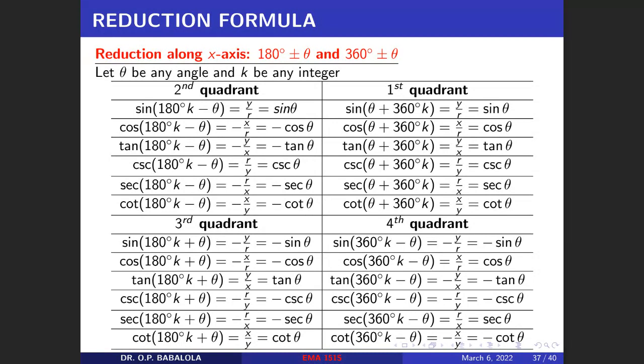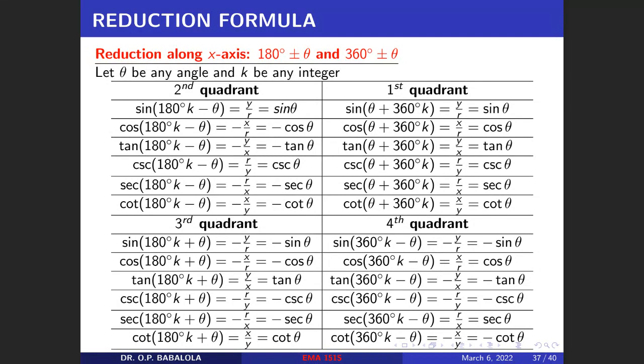If you're considering cosine, let me go to this third quadrant. Let's say for cosine, you have 180k plus theta. Whatever the value of theta is here is what you put as your final cos theta, but you still need to add the sign. So theta in this case is not positive, it's minus.